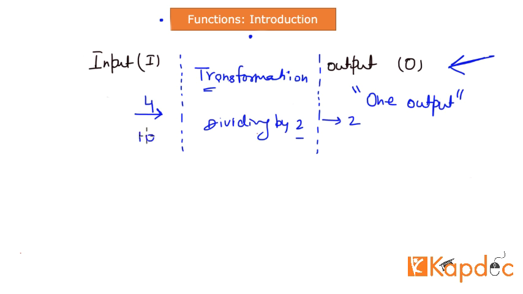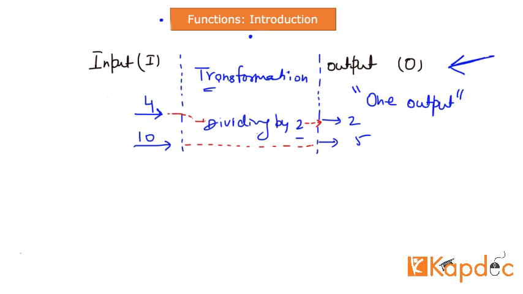When you send an input of 10 to it, you get 5, because 10 divided by 2 is 5, 4 divided by 2 is 2. So you see that there is a unique linkage of each input to its respective output, because each one of those is going through this division operation, right? So this is a very brief and very simple idea about what a function is, right?